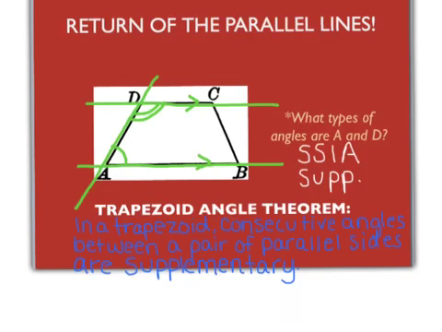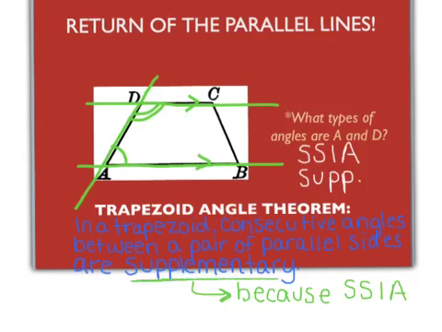And we could sort of tack on to the end of this, I mean, it's not part of the theorem, but if I were to prove this theorem, it's because, and you don't have to write this part down because you wrote it down sort of up above, but because they are SSIA, or same side interior angles with parallel lines. That's how you know they're supplementary, is because they must be same side interior angles. Okay, so again, supplementary is the key word here, that those angles are always going to be supplementary.